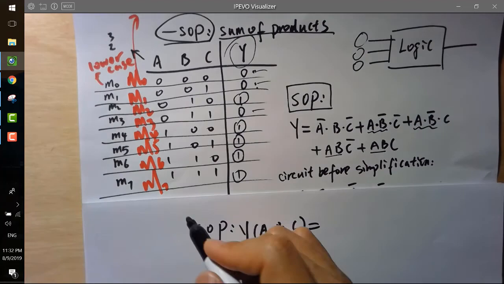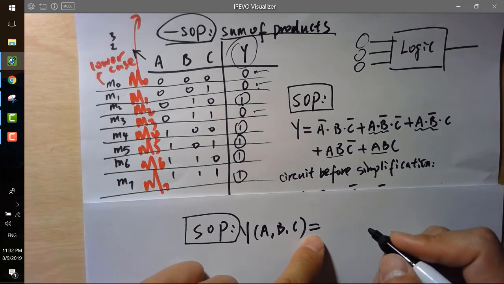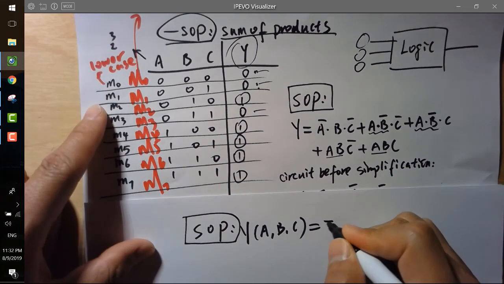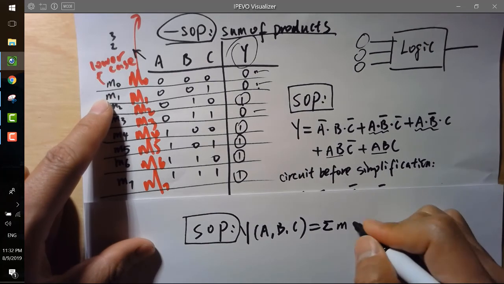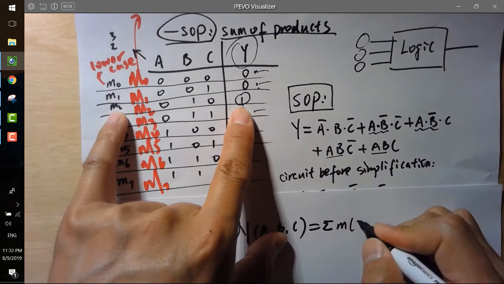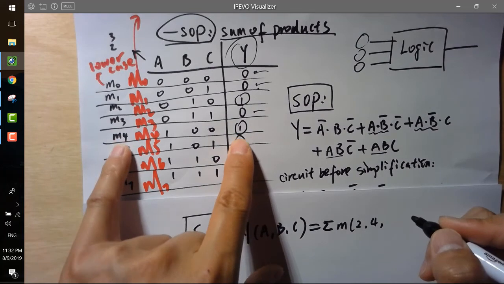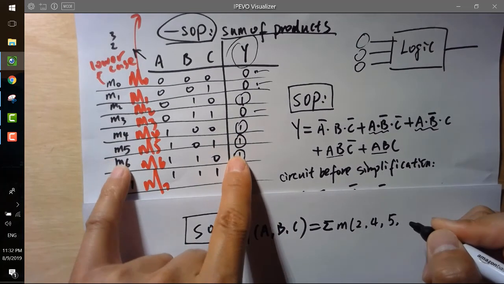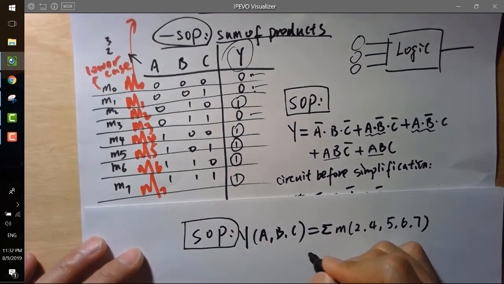For SOP, this equals the summation of the min terms. What are the min terms? They are 2, 4, 5, 6, 7, in parentheses.